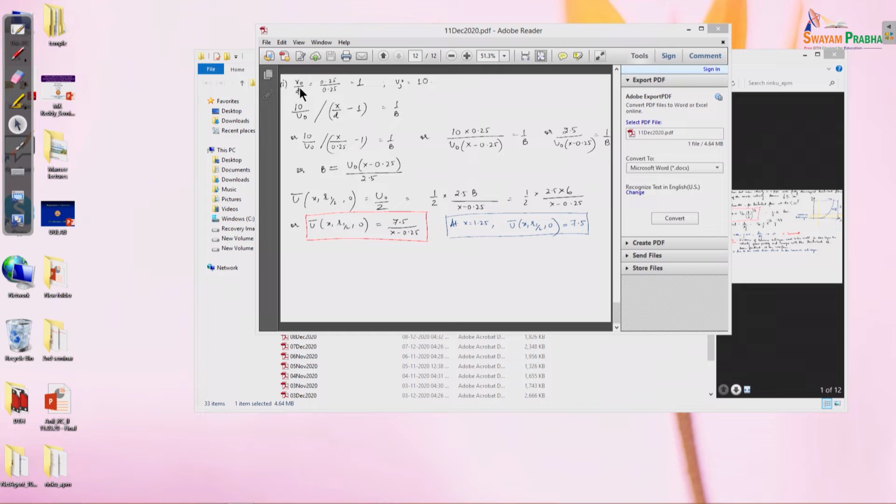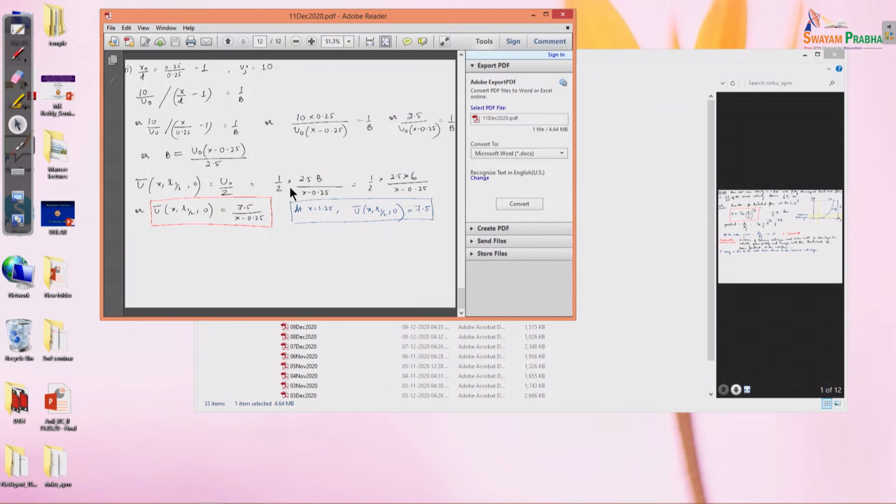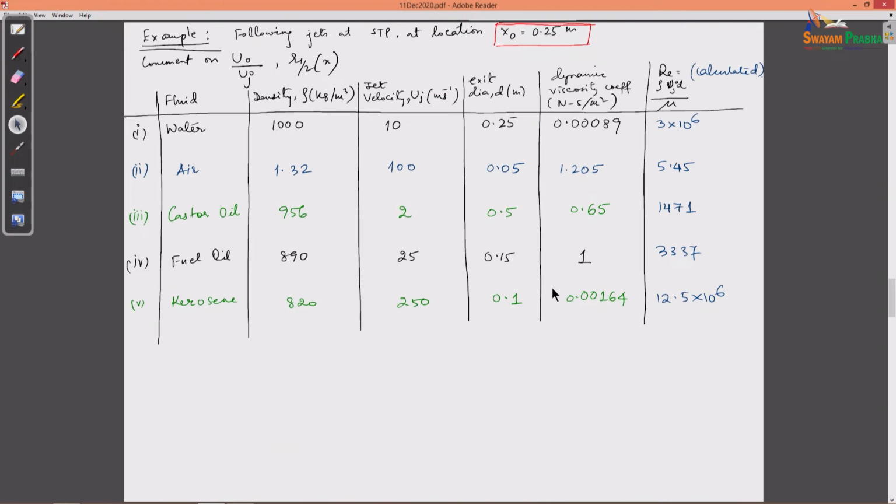So, what we can say is that this is something that we have. So, if you see this, right, I have written down the Reynolds numbers here, okay.